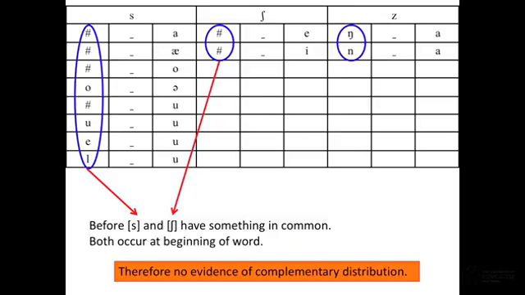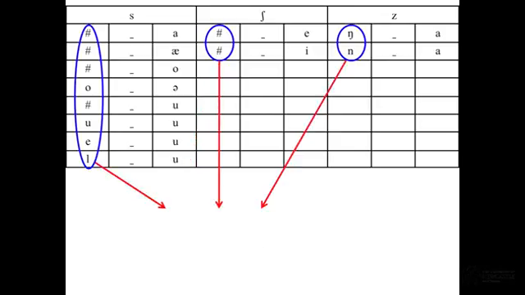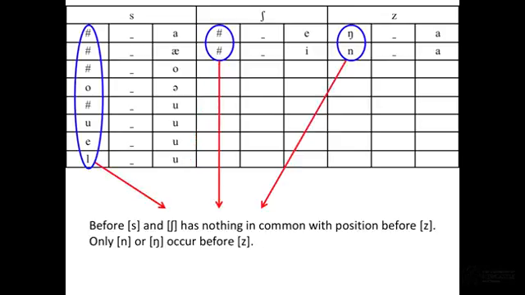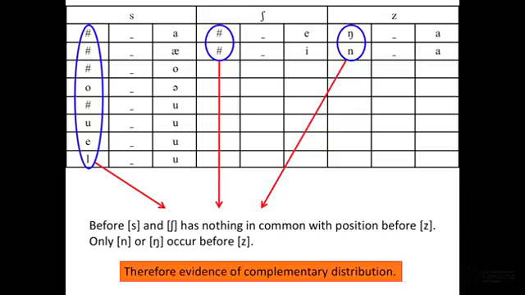When we compare z with s and sh, we see that z has nothing in common with s or sh. Only n or ng can occur before z, whereas these two sounds do not occur before s or sh. This gives us evidence that z is in complementary distribution with s and sh.